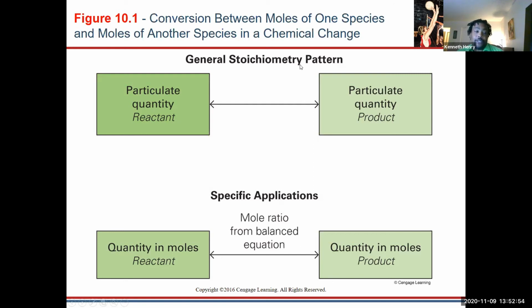Stoichiometry allows us to use those ratios to determine, from the number of moles of reactants, how many moles of product we're able to produce. We can also work the other way around: from our number of products, determine how many moles we're going to need to make that. It's a good system once you have a balanced chemical equation.